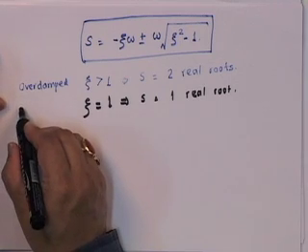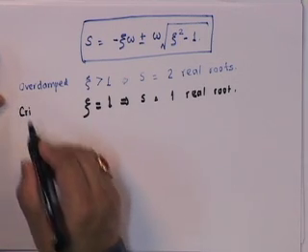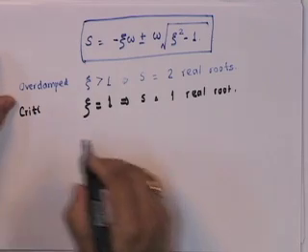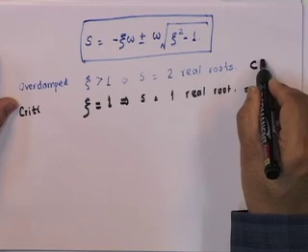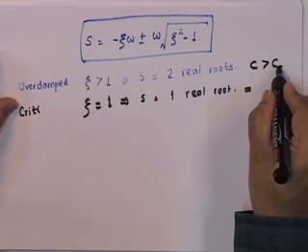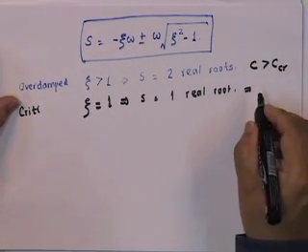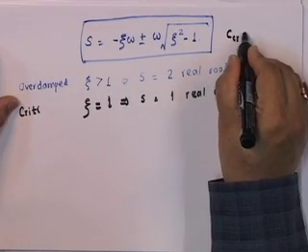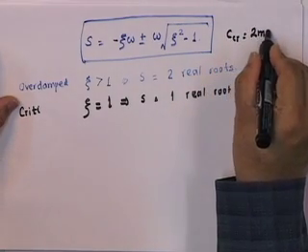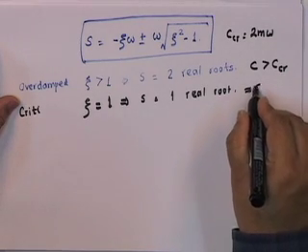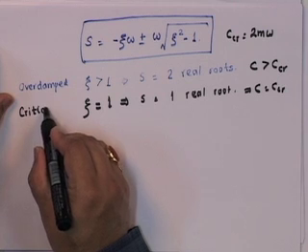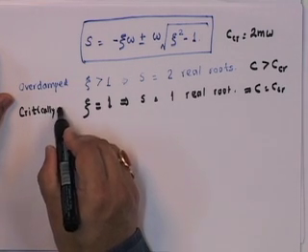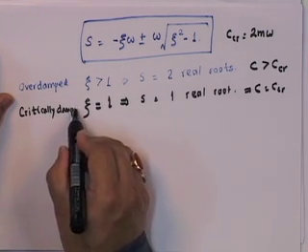This is known as critically damped, because xi equal to 1 implies that C is equal to C critical. Overdamped means C is greater than C critical. Note that C critical is equal to 2 m omega. If C is equal to C critical, xi is equal to 1, and that is known as critically damped.